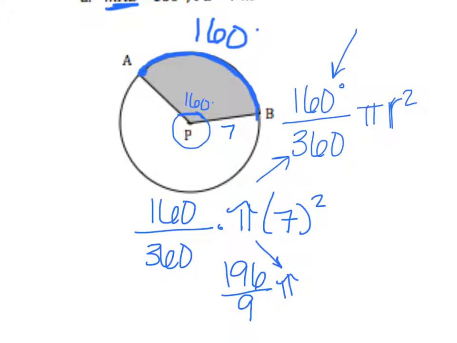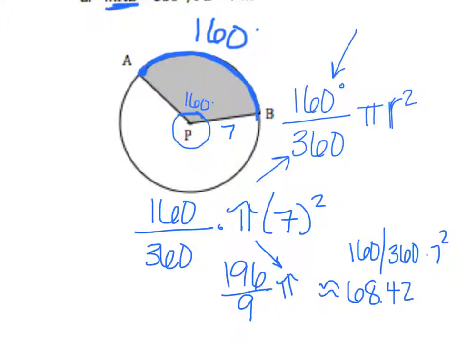So again, what you're putting in your calculator is 160 divided by 360 times 7 squared, and then math, enter, and then just bring down the pi. So that's your exact form. To get it into approximate form, we're just going to multiply by pi in your calculator. That will get you about 68.42. Okay, so that is the area of a sector.